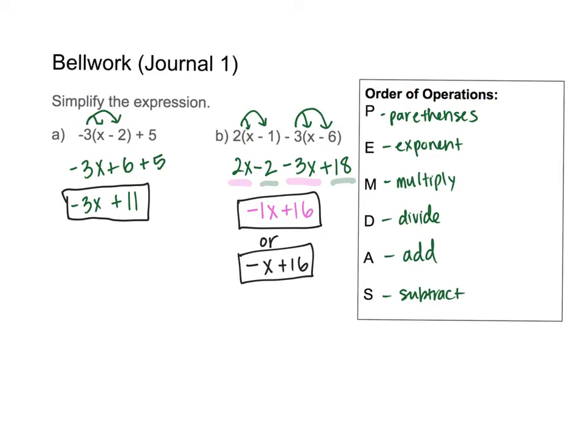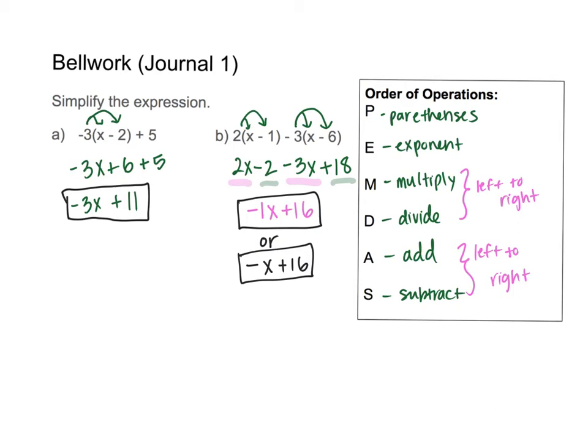So we always do multiplication or dividing from left to right. And same thing with addition, it's from left to right. So if you need to know which one you have to do first, multiply or divide, it doesn't matter as long as you're doing it from left to right. Same thing with addition, as long as you're doing it from left to right.